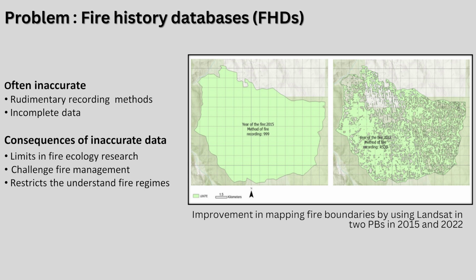improvement in the accuracy in mapping them. Many factors influence the behavior of fire spread, but one of the main elements is the patches that are unburned within a particular burn perimeter. Because of the improvement in the methodology used to map those fire boundaries, you can see that in 2022 there has been an improvement showing the patchiness.